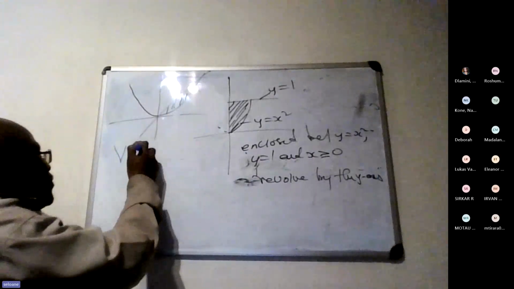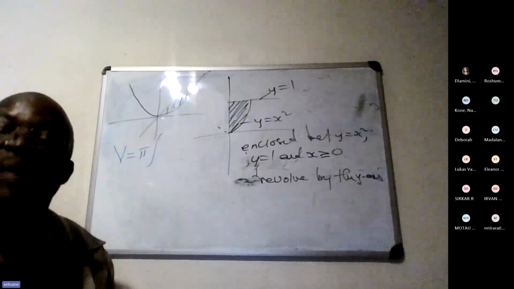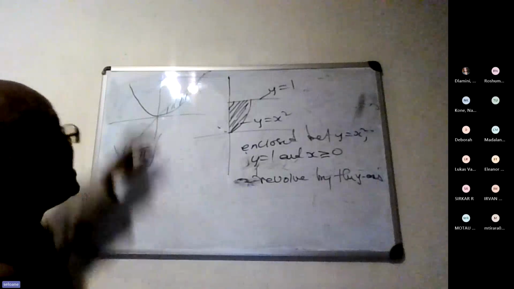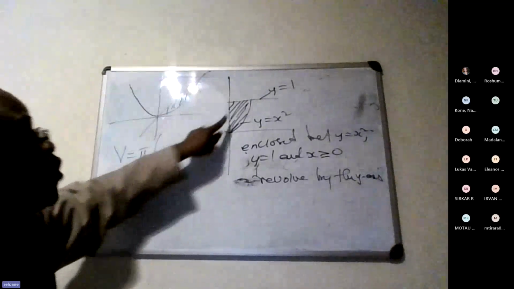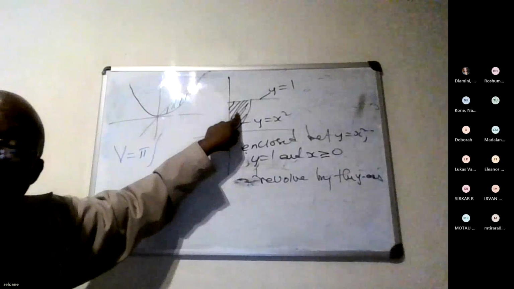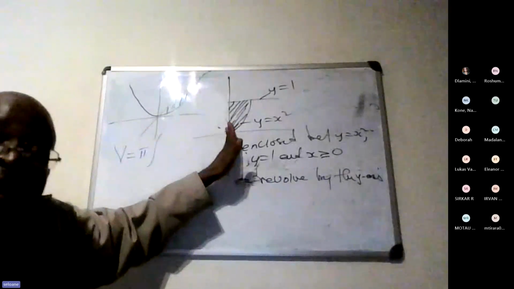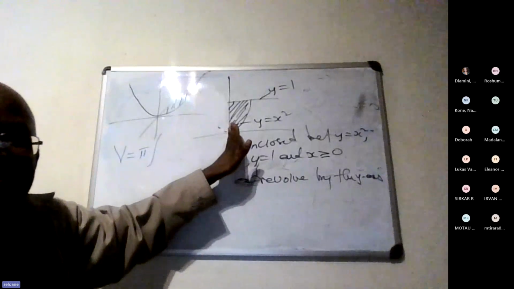The formula will depend on whether your solid of revolution has a space inside, or has no space. It will have no space if this line of rotation is part of the boundaries of your solid.